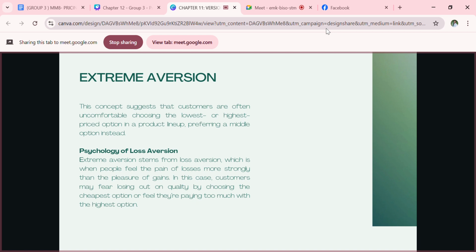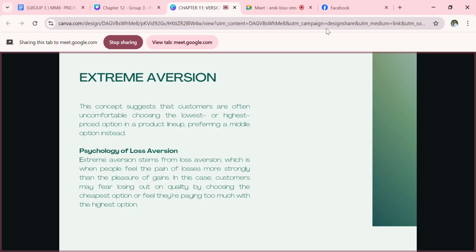In a good, better, best lineup, customers usually choose the middle or better option, feeling it offers a safe balance between cost and quality. For example, they might worry that the lowest price option has too few features, or feel the highest price option is too expensive. Companies often strategically create three or more versions to encourage customers toward the middle choice.